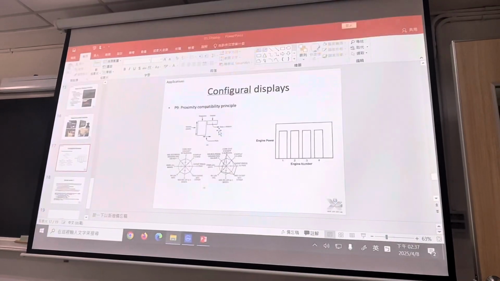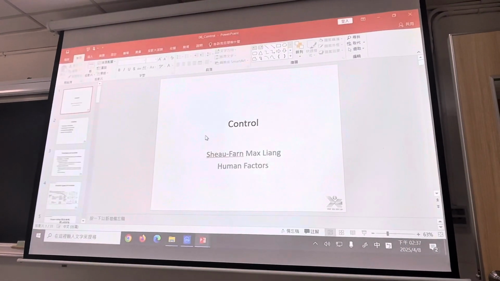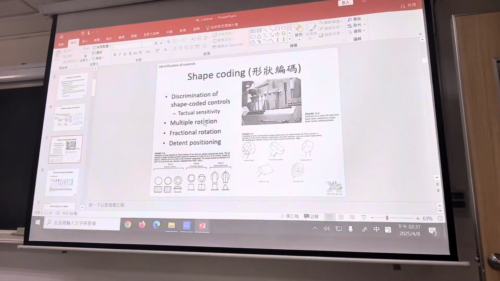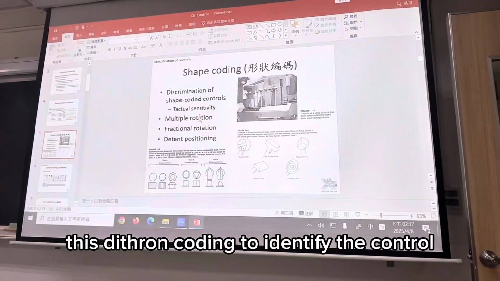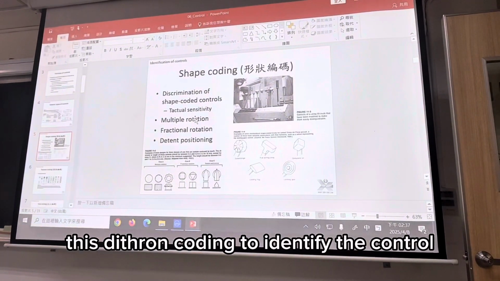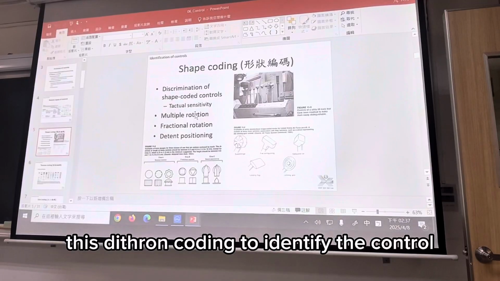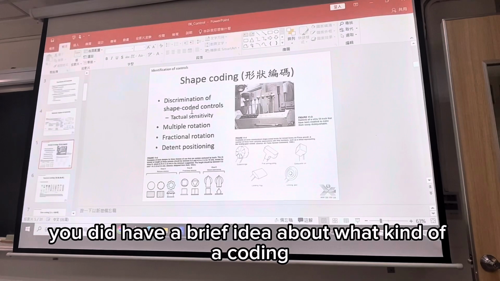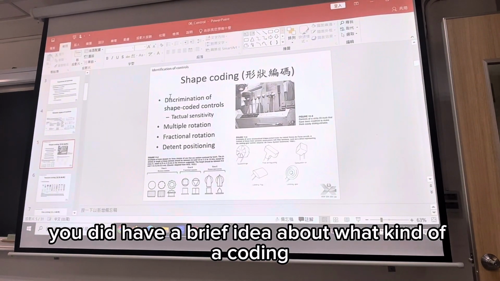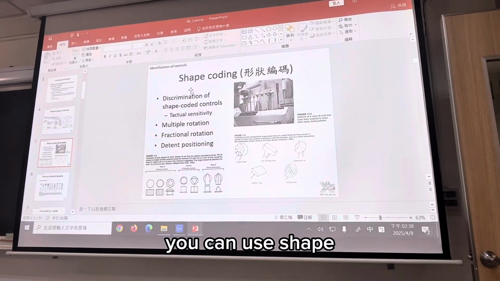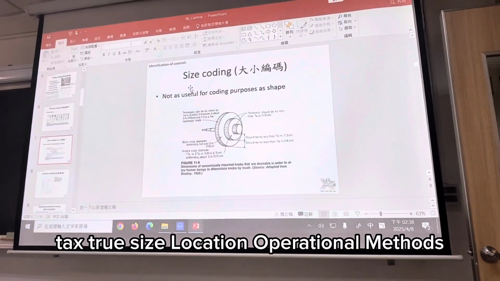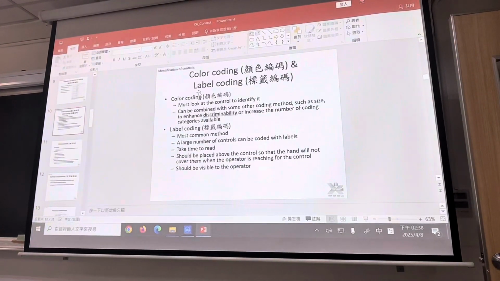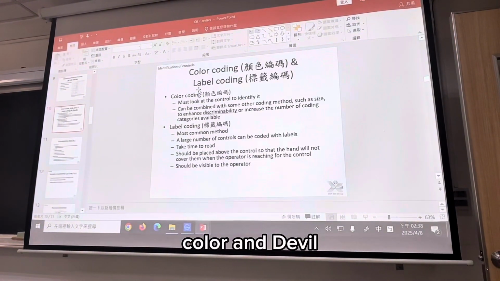Control. There are different codings to identify the control. So you need to have a brief idea about what kind of coding you can use: shape, texture, size, location, operational methods, color, and level.